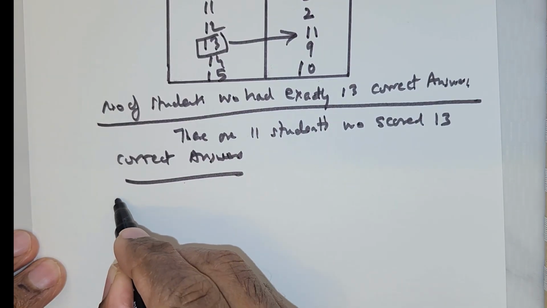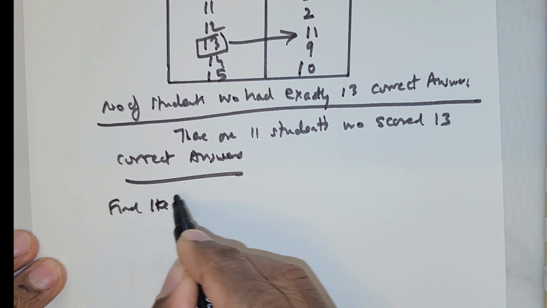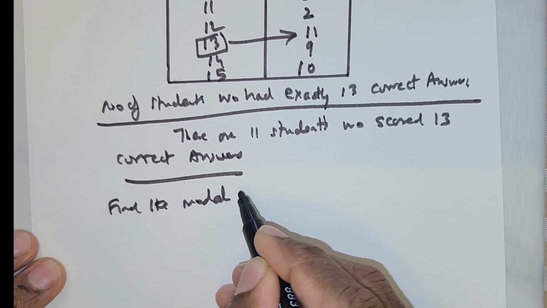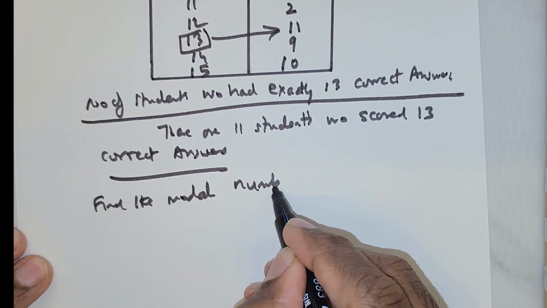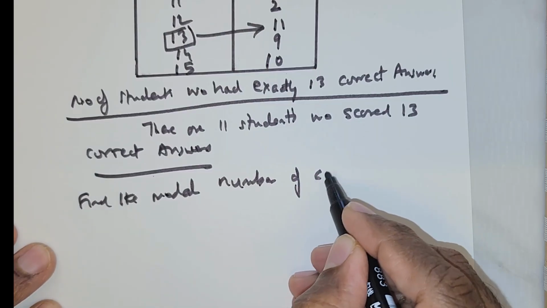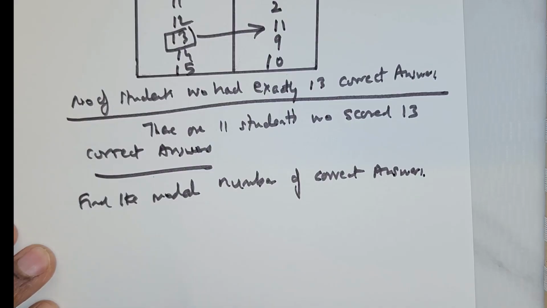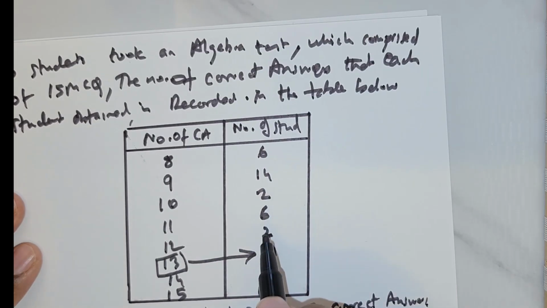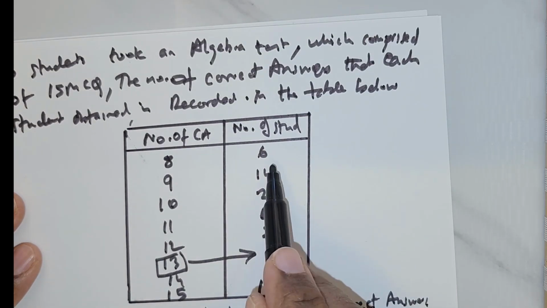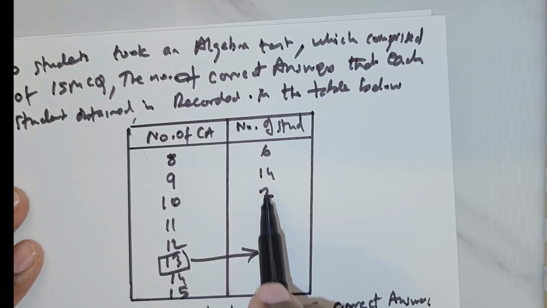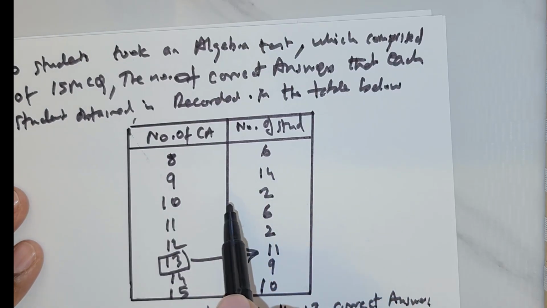The next question is find the modal number of correct answers. So go back to the table and look for the highest number of students scoring a certain mark.